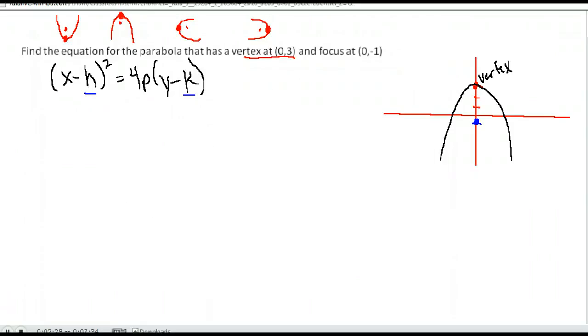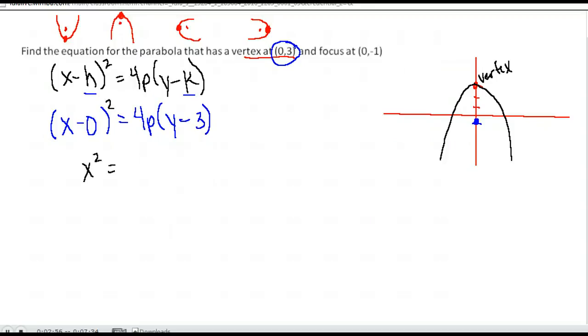Okay, so when we're writing the standard form, at this point we can at least put that part in. Our vertex was 0, 3, so if we put x minus 0, 4p times y minus 3, the y coordinate of our vertex. And I can simplify that a little because I don't really need that minus 0.